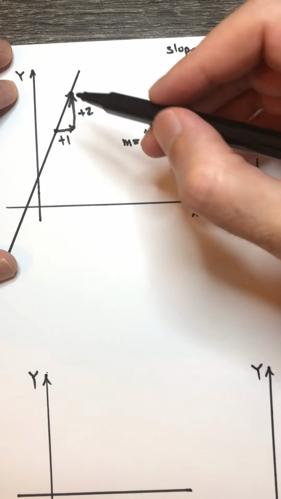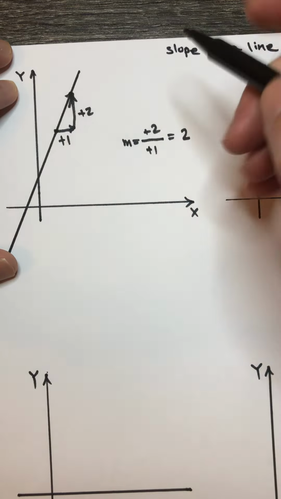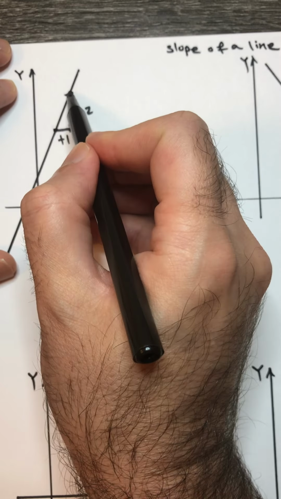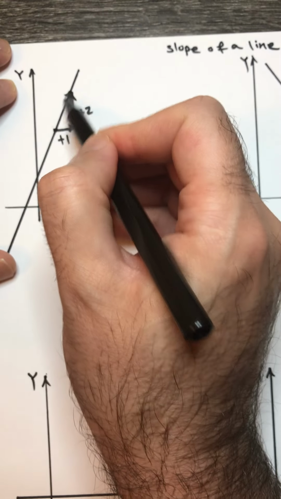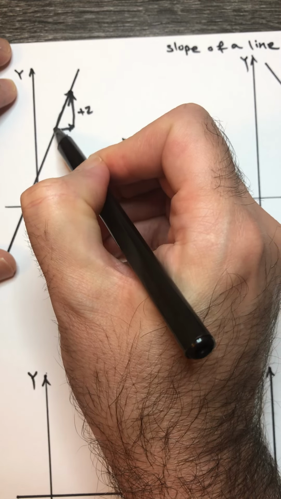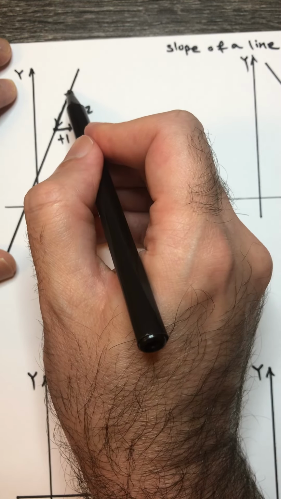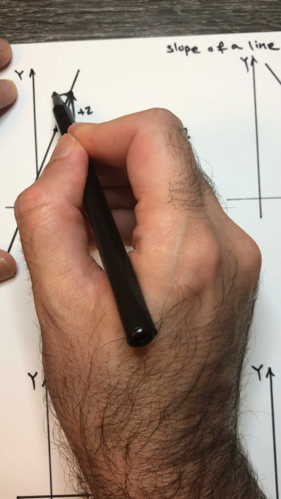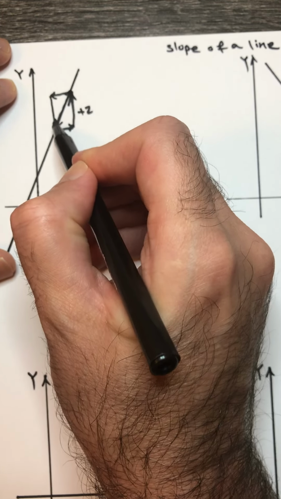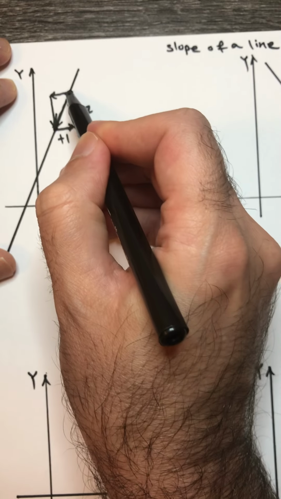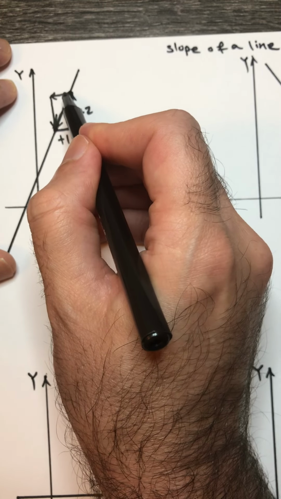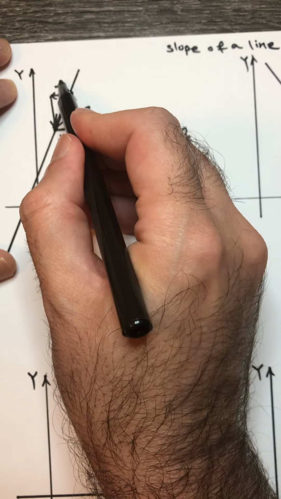We can go from any point to any point. So we could have gone from this point to this point. If we go from this point to this point, this movement can be decomposed into a horizontal movement and a vertical movement. In this case, our horizontal movement is 1 unit to the left, so it is -1.